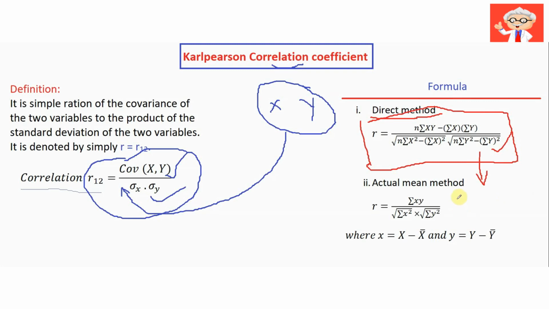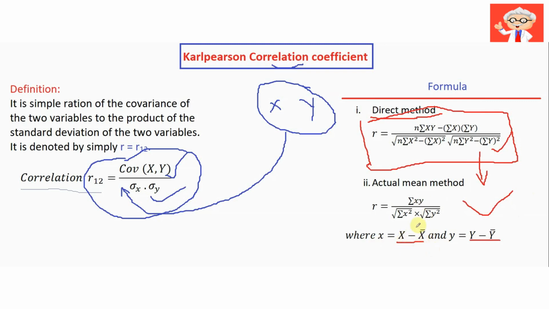In the actual mean method, sometimes we can use this formula also. In later sections, I will tell you when to use which formula. So here is the actual mean method. It means if you know x minus x bar and y minus y bar, so here small x means x minus x bar.